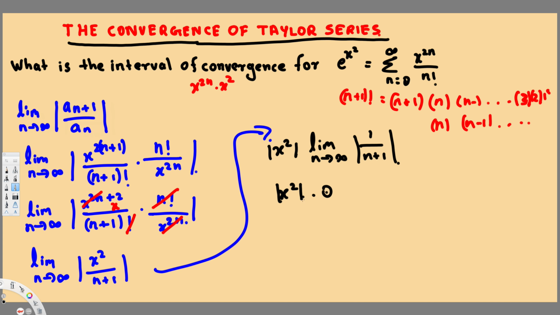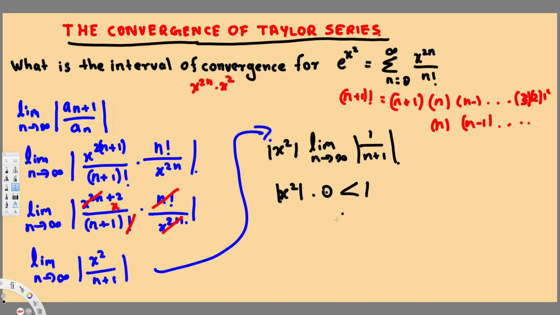And in order for this ratio to converge, it should be less than 1, right? No matter what number you plug in, this is going to give us 0, because if you multiply any number by 0, that gives us 0.